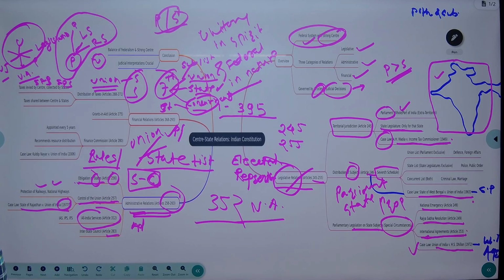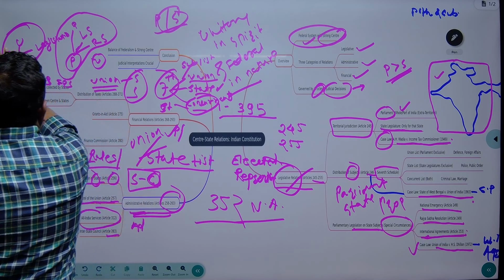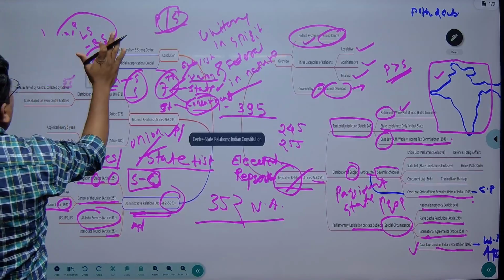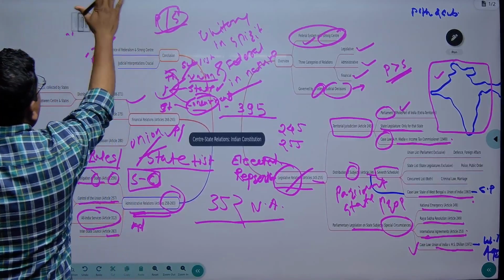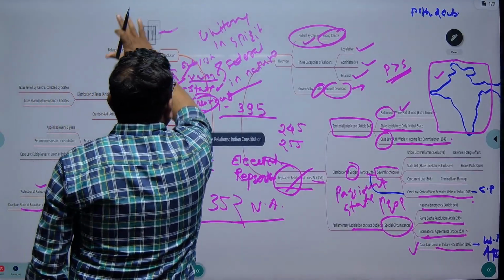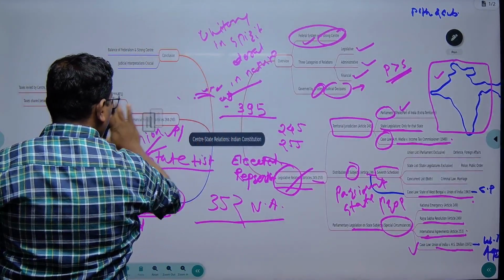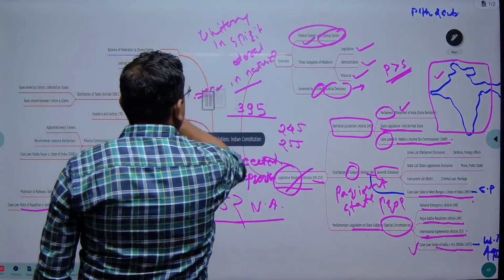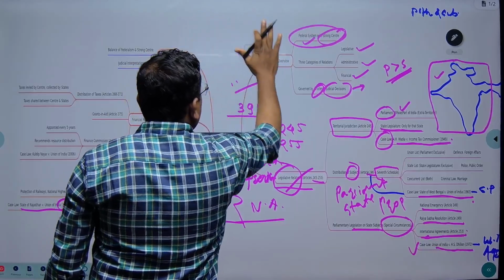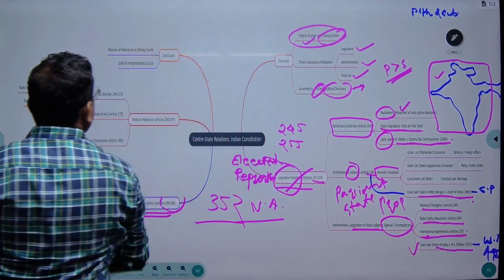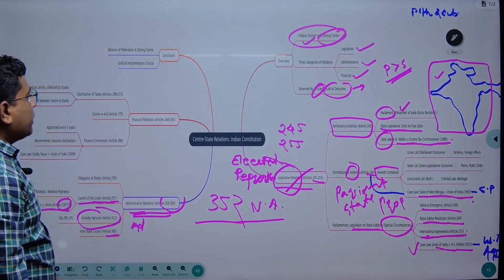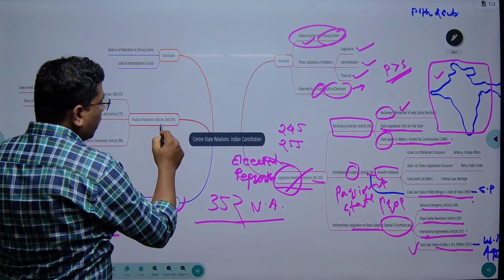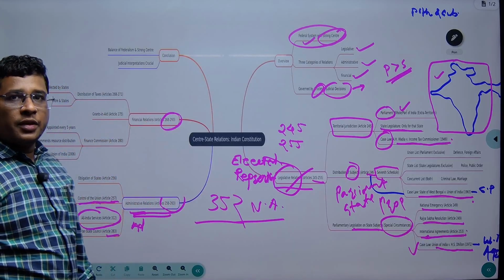Then financial relation, okay. So financial relation is from Article 268 to 293.